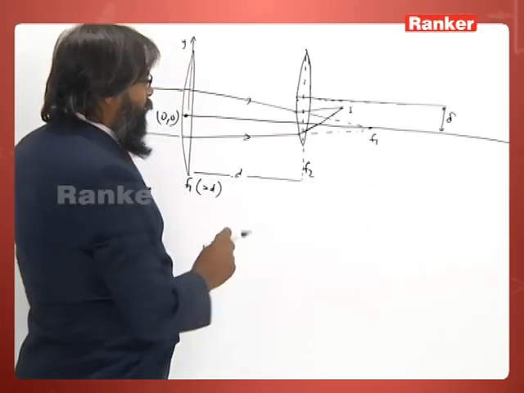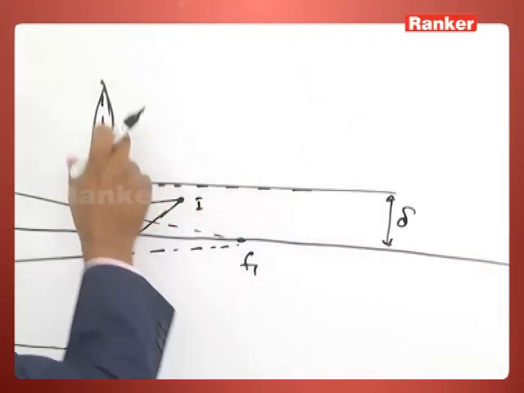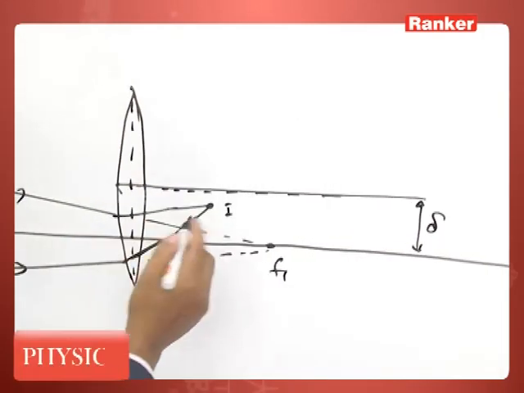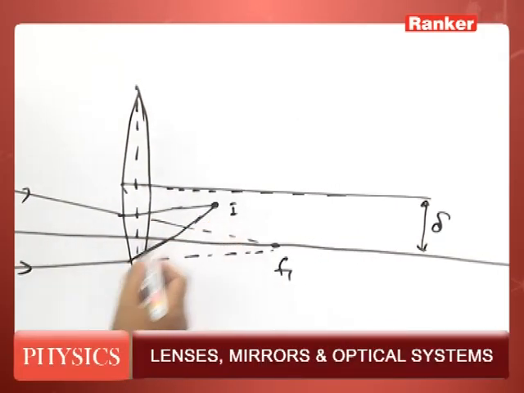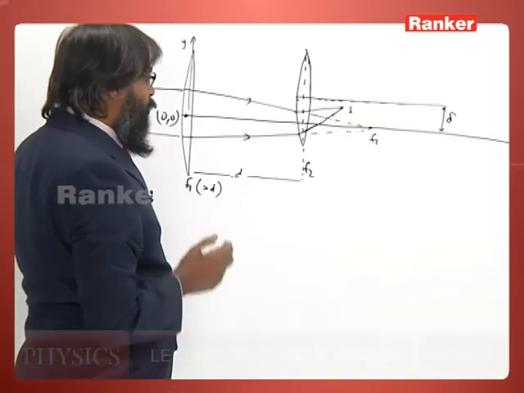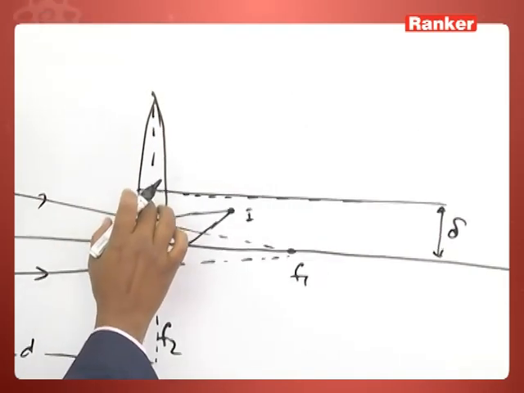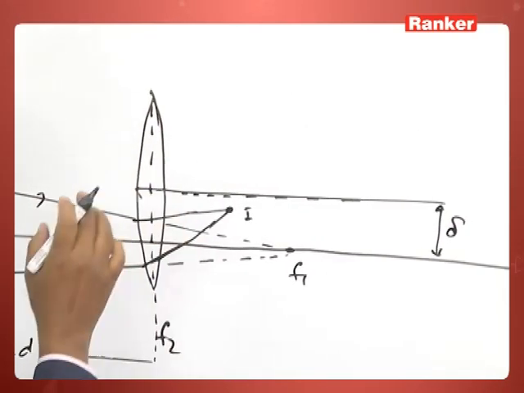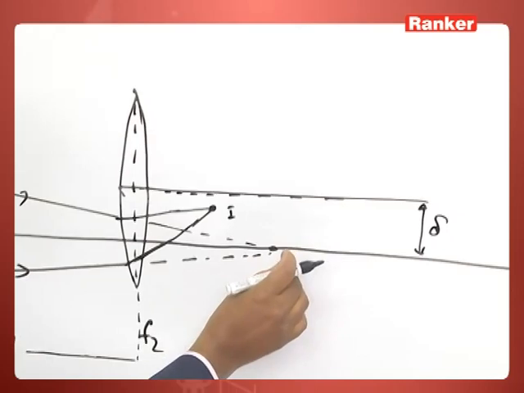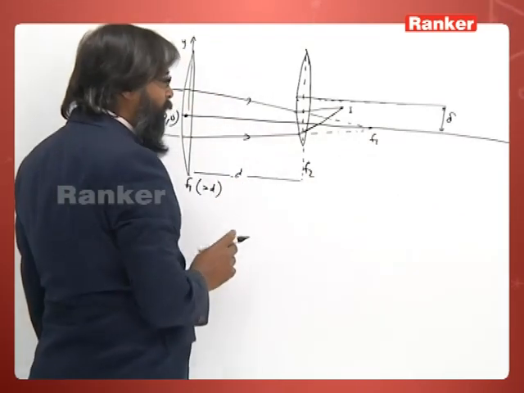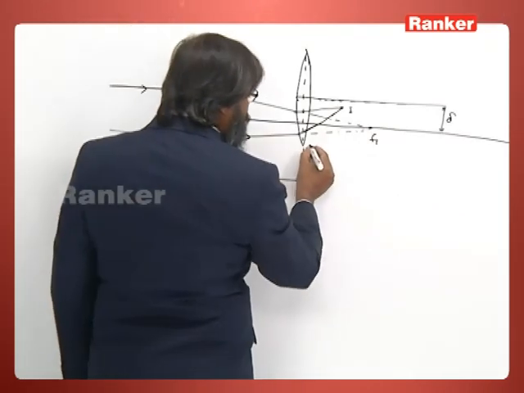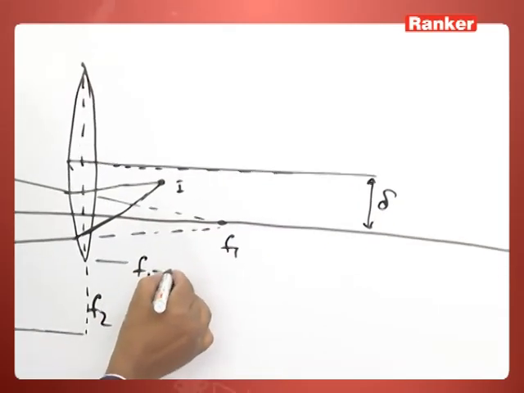So the rays here will finally converge due to this lens at this place I, and we have to find the coordinates of this point. So what we will do, because of this lens, for this lens the object is this f1 and this is a virtual object. So what is this distance? This distance is f1 minus d.